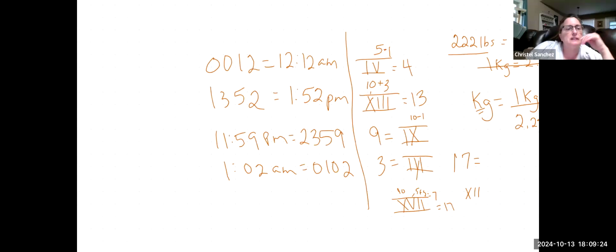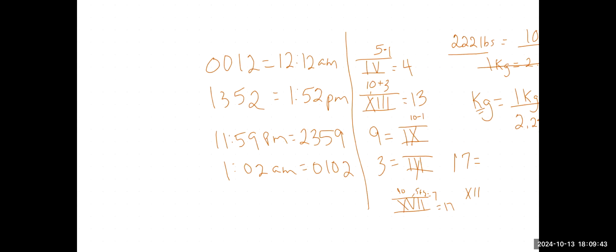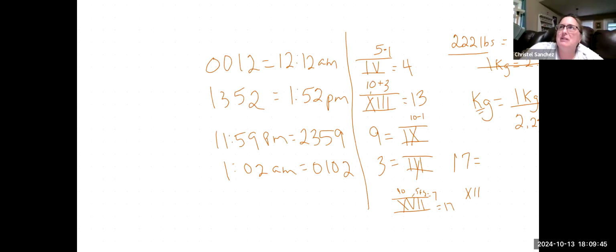Those rules will help you figure out what the number is or how to write it. I don't give y'all any higher numbers than 20. I try to use the numbers that y'all are going to see. I remember having to write out 1,300, and I thought, I'm never going to use this in real life. So I really try to give y'all things you're going to use, versus making you memorize a bunch of stuff that's not useful to your practice.